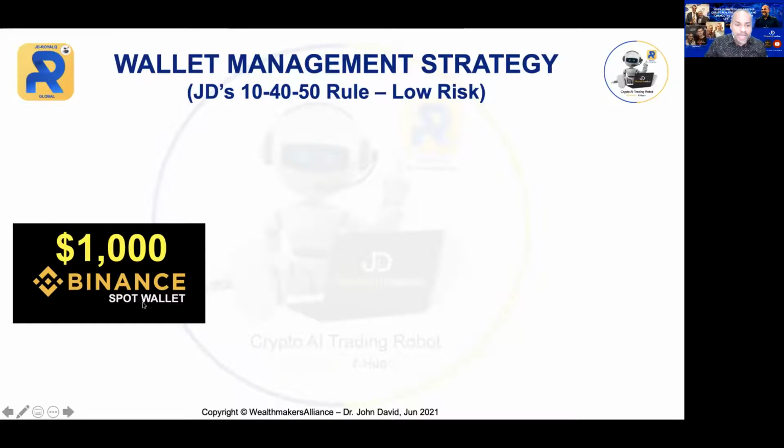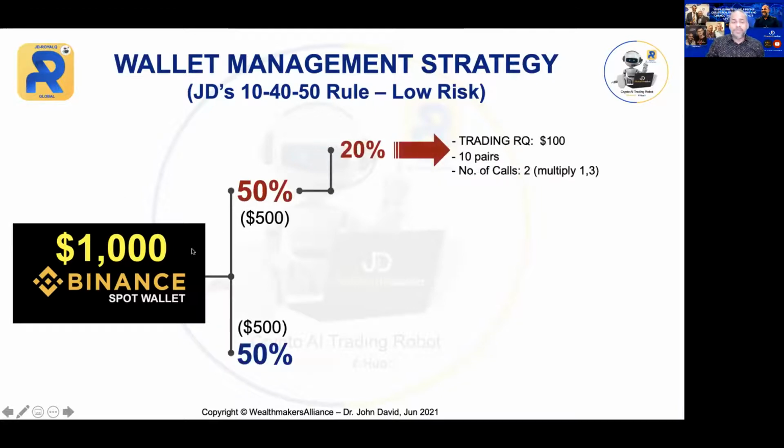So from that $1,000, I'm going to allocate 50-50. Now, the first 50%, which is $500, from that $500, 20% will be allocated for the trading. So 20% of $500 will be $100.